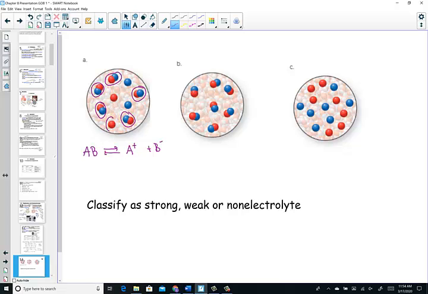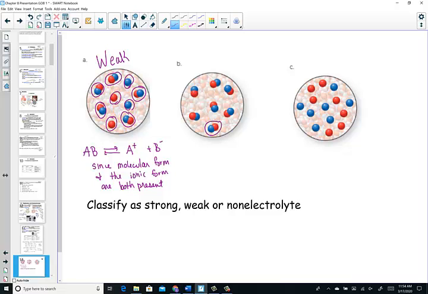So we have a separated red and a separated blue, all in a mixture of both. Since the molecular form, which are bonded, and the ionic form, which were separated, are both present, I classified this as a weak electrolyte.